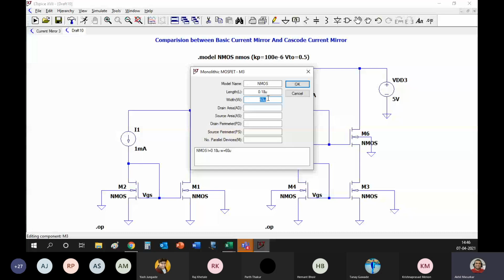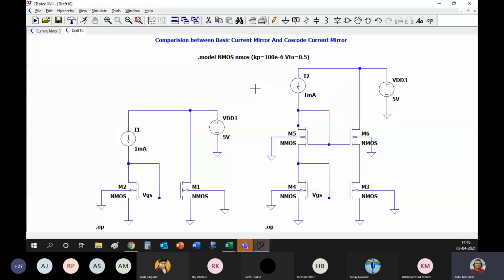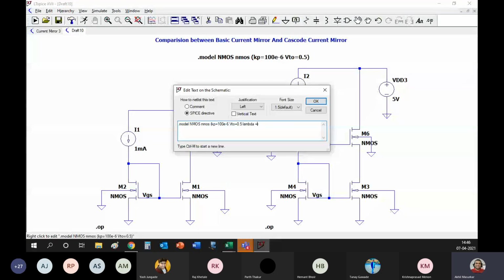Now the main game here is the channel length modulation parameter. So in this line, PO is 0.5, so here we will write lambda. The keyword is lambda, L-A-M-B-D-A.